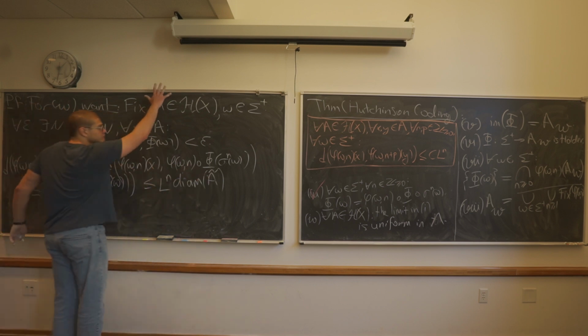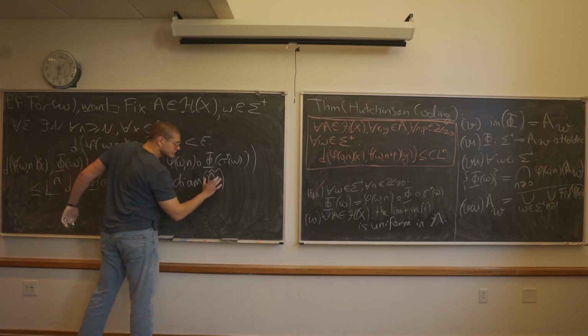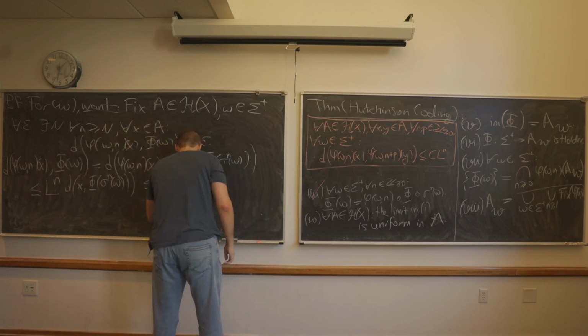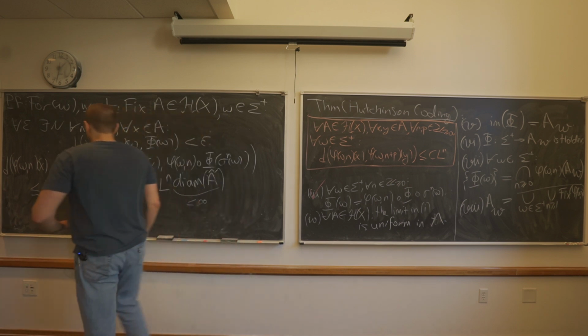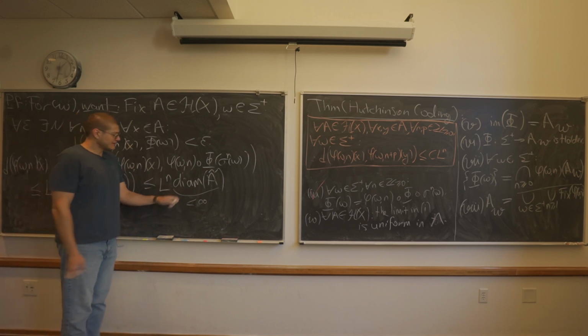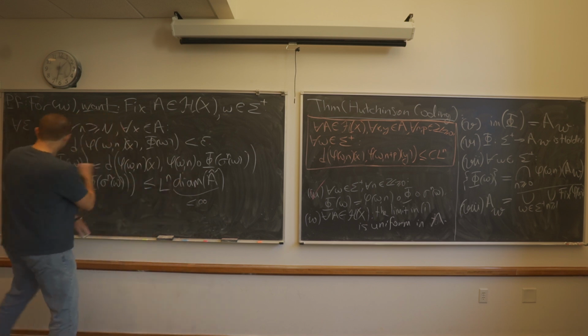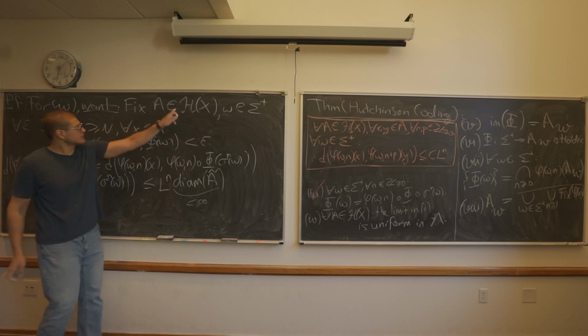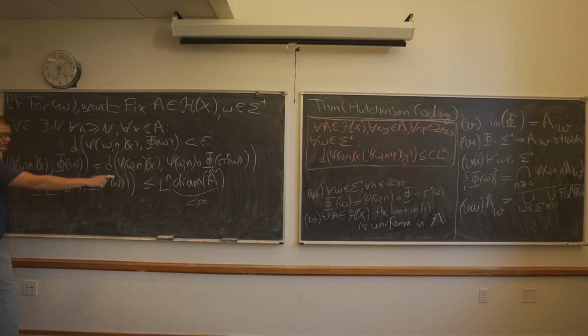So the moment I fixed an A, I knew what this bound was. But you see, I was able to bound this by something that doesn't depend on x. For any x in capital A, this bound is going to work.